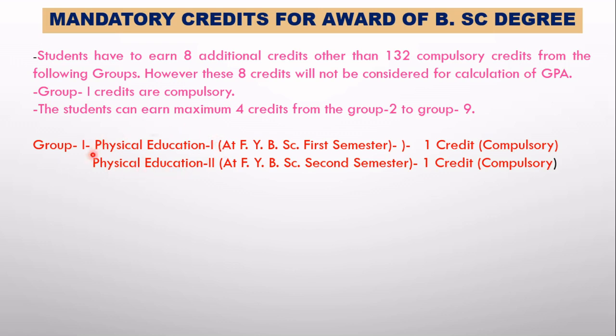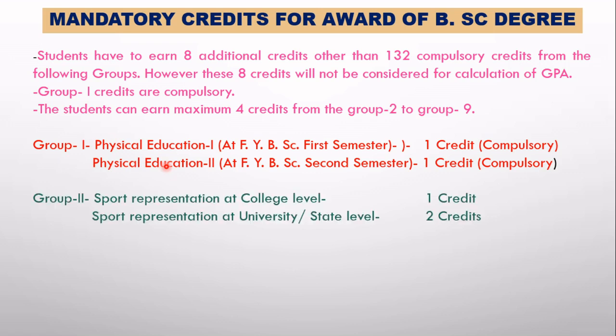They have to earn these credits at any cost. But credits from groups 2 to 9 are voluntary, means the student can get these credits from any of these groups.